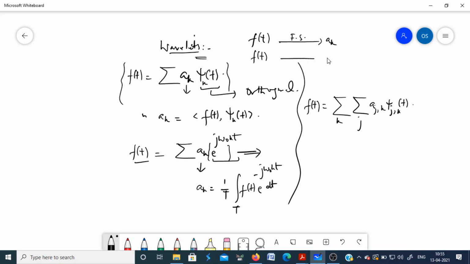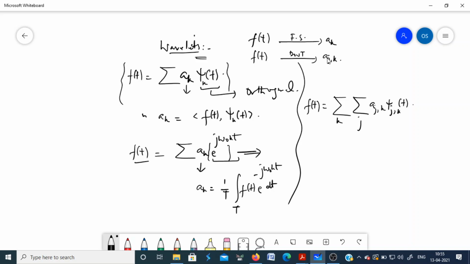The discrete wavelet transform is, you can say, the counterpart of Fourier series, where it maps a one-dimensional function to a set of coefficients with two indexes j and k.